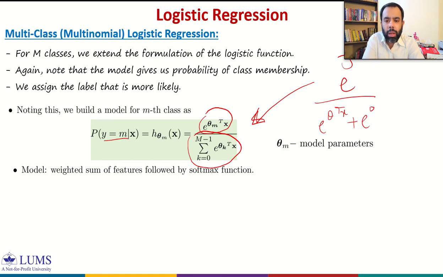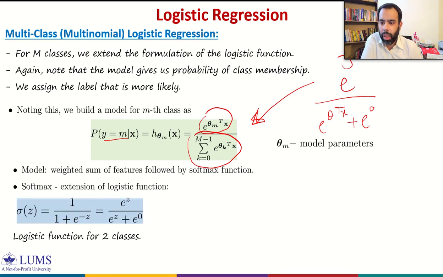It is an extension of the logistic function. In the logistic function, we only have exponent of 0 and exponent of theta transpose x. Here, instead of 2 exponents, we have m exponents in the denominator, and we only have 1 exponent in the numerator. So softmax is an extension of the logistic function.